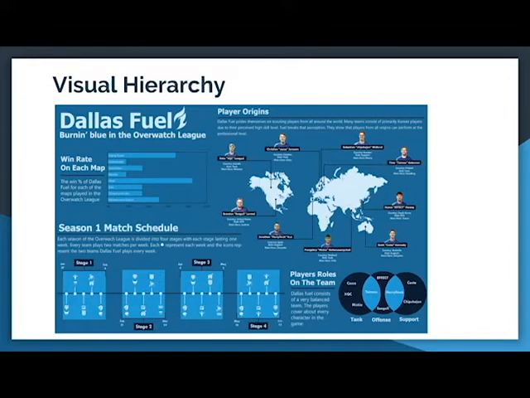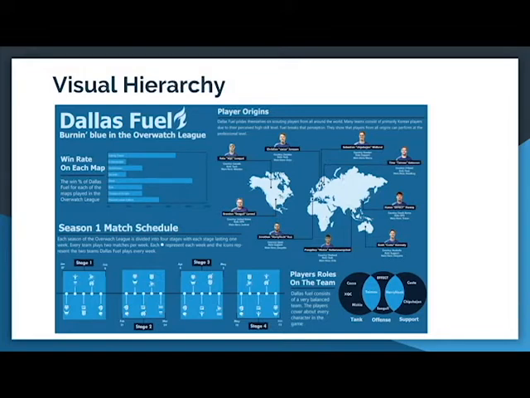For example, the map and the player origins is one of the more interesting and have more information, and I made it a big display on the top right. Same with the timeline on the bottom left. And I made the smaller ones about the pure statistics about the team.